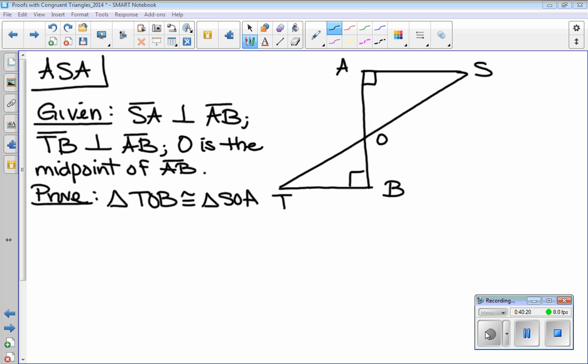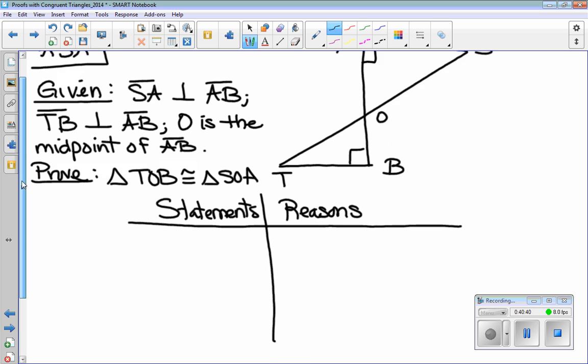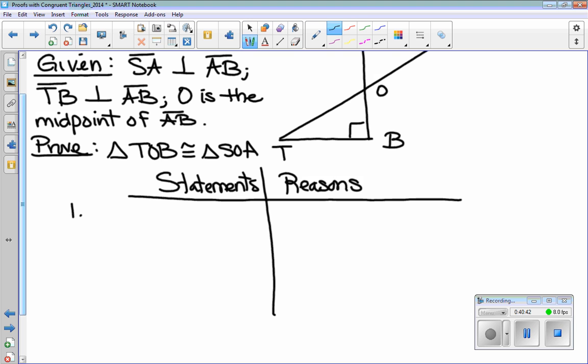You only want to mark if something is congruent, as in the first initial color. Okay? So we're going to have our statements, we're going to have our reasons, and let's fill in what we know at this point.